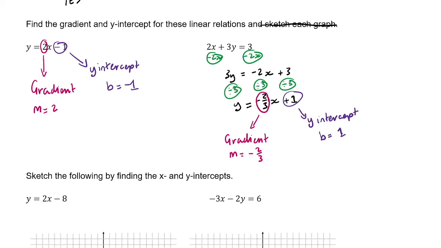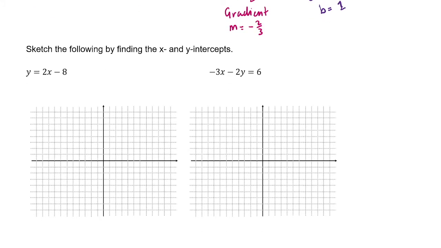Now we're going to do some graphing as well. So the first one, super easy. This is our m, this is our b. Alright, so all we need is, let's call that 8 or -8, and let's call this one over here 4.